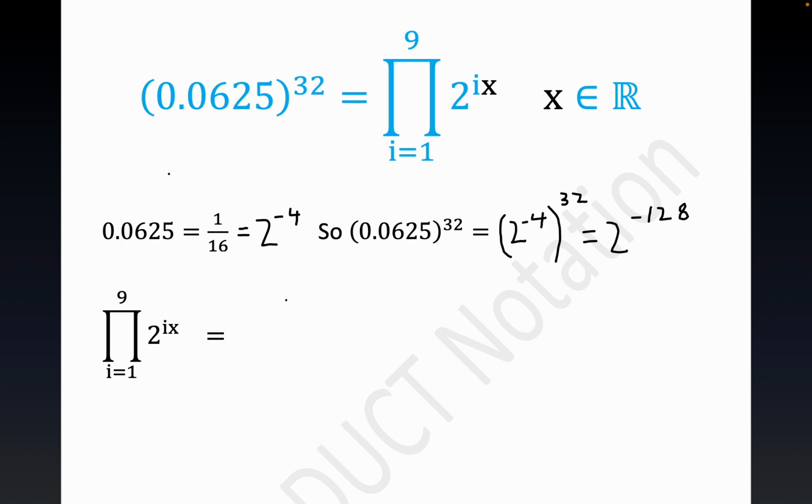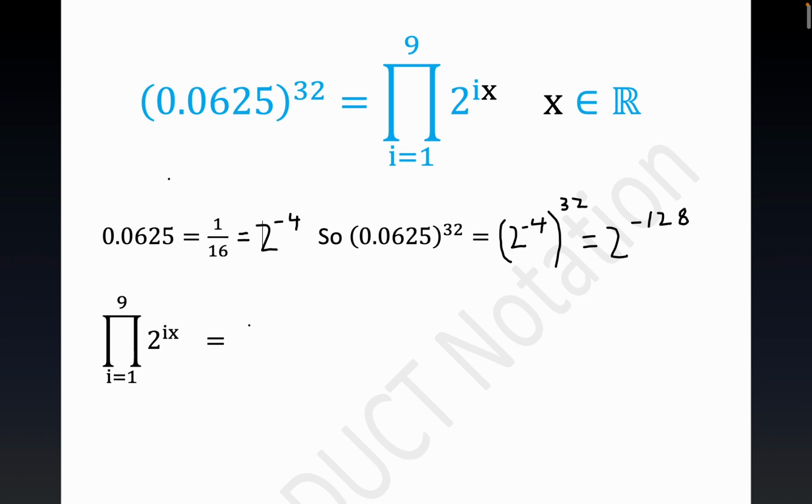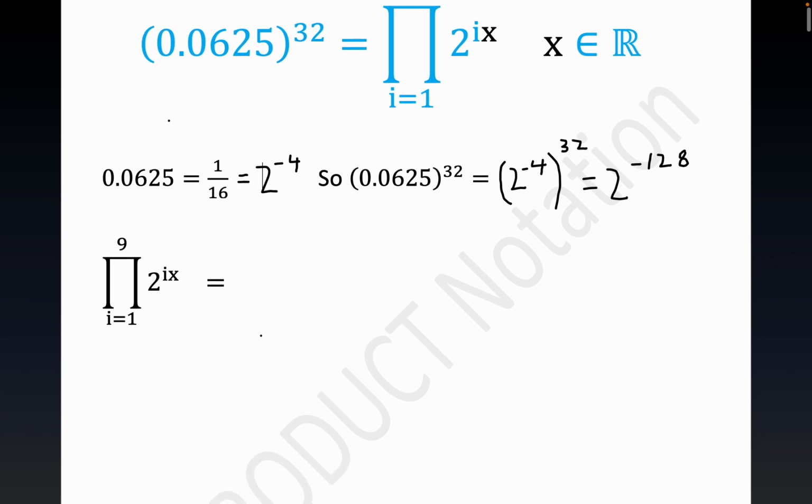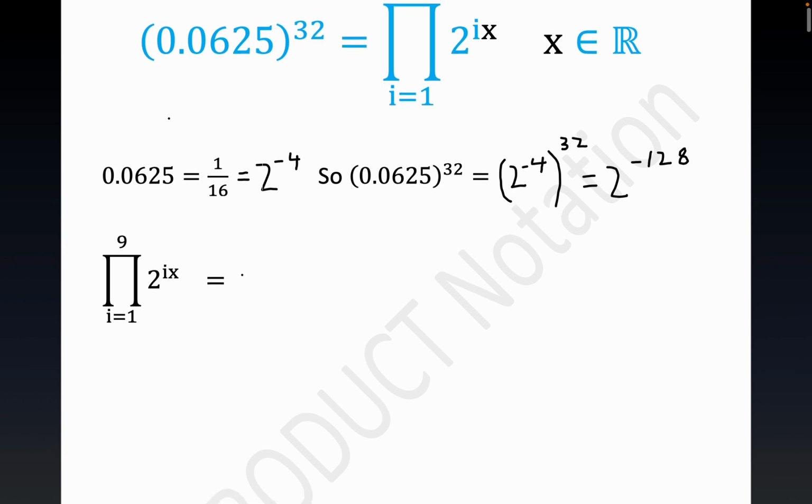So that's useful. Now, right here, let's take a look at what we would have to do to handle the evaluation of this product notation. For i equals 1, you would have 2 to the x. Again, folks, that's for i equals 1 right there.